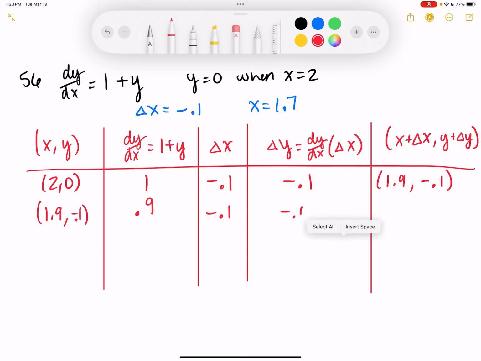Negative 0.09. So then the next point is 1.8, and negative 0.1 minus 0.09 is negative 0.19.